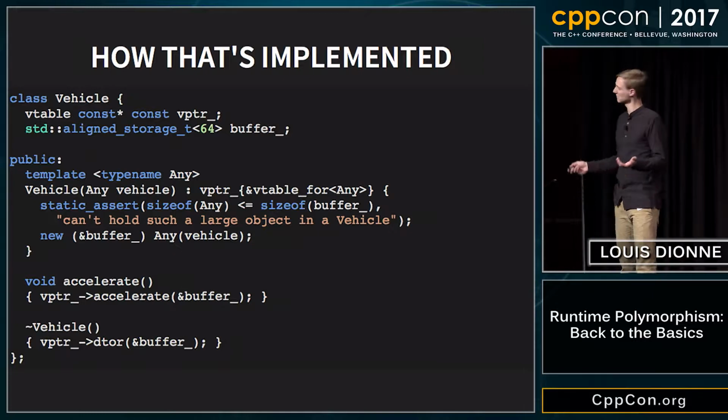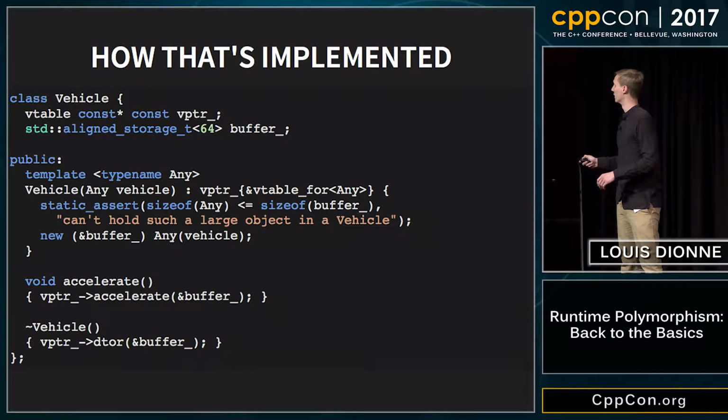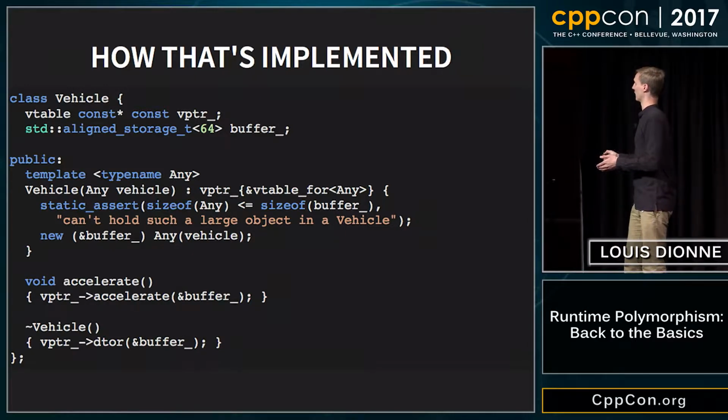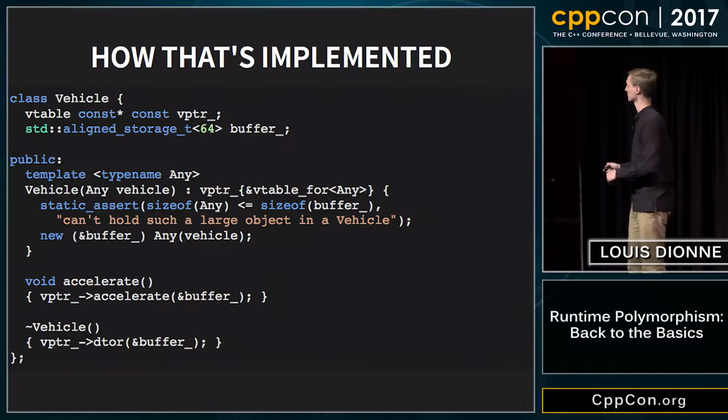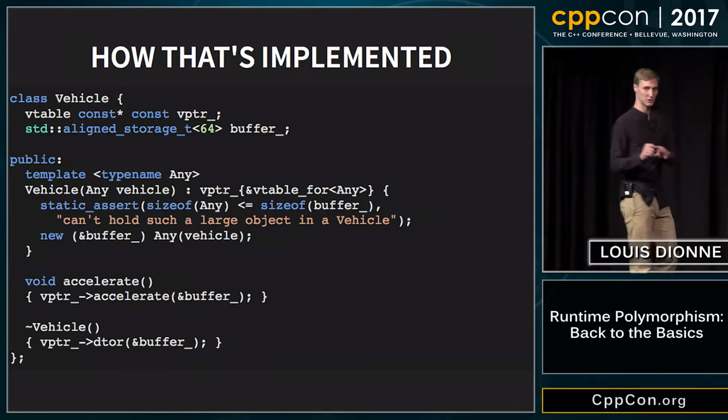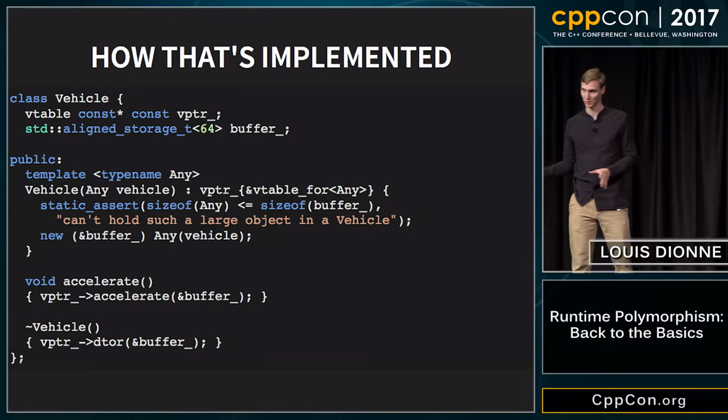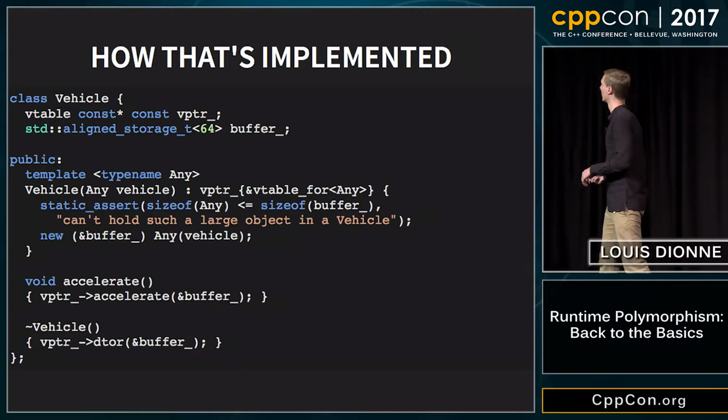And otherwise, I placement new it in the buffer, and that's it. And then when I want to call a method on it, I just go through my vtable. I always need to go through my vtable, and then I call that, and my this pointer is basically the starting address of my buffer. And then I need my destructor. I call my destructor. I don't need to free anything here. I just call my destructor on the buffer.